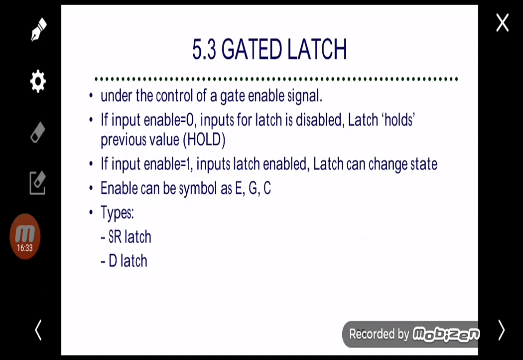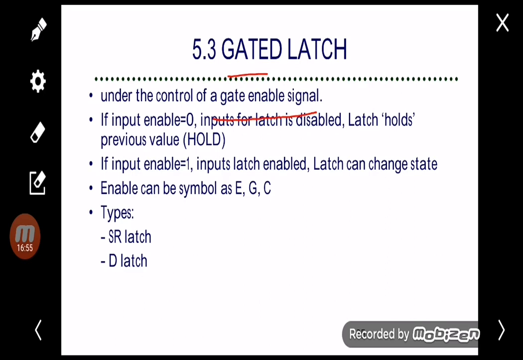Alright. So for the gated latch, the difference between a gated latch and a latch is that gated means they have control of a gate enable signal. We have another additional signal which we call gate enable.